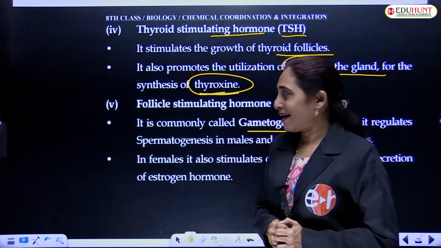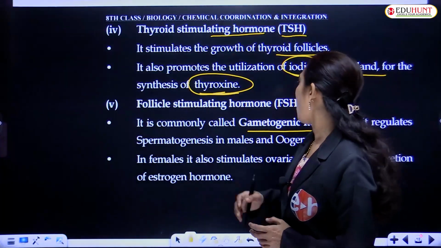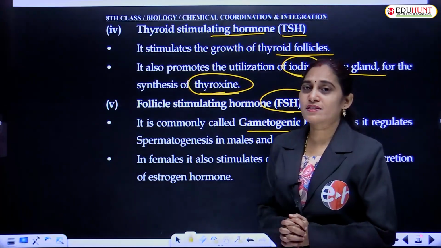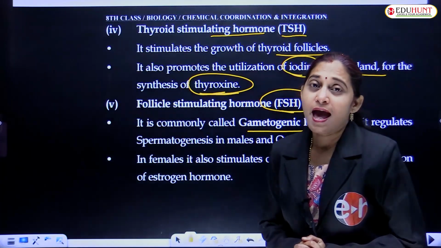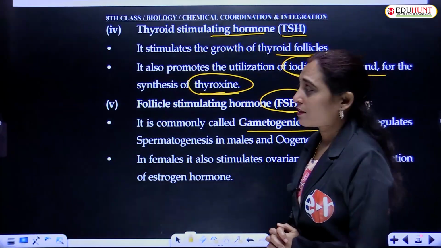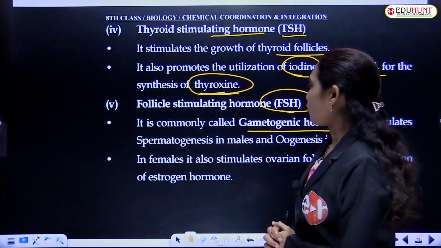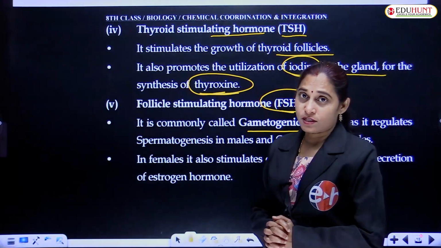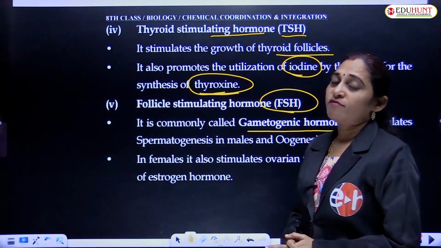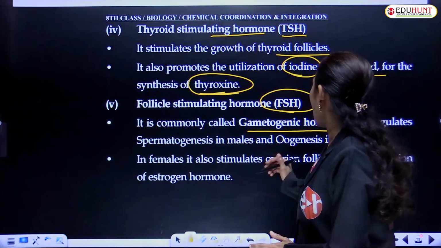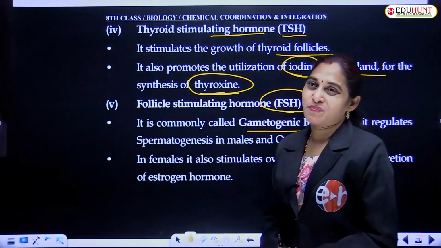The formation of gametes is known as gametogenesis, and it is regulated by FSH. It regulates spermatogenesis, the formation of sperms, and also oogenesis in females.